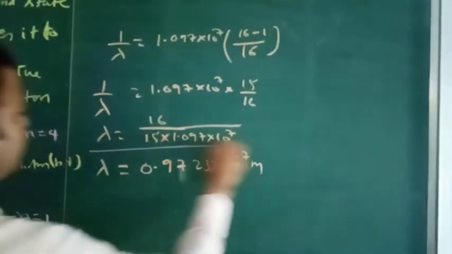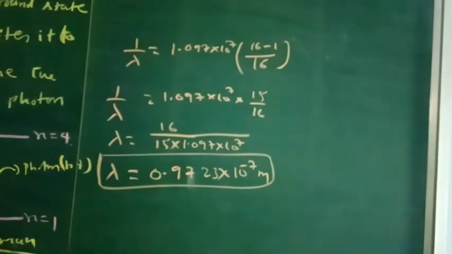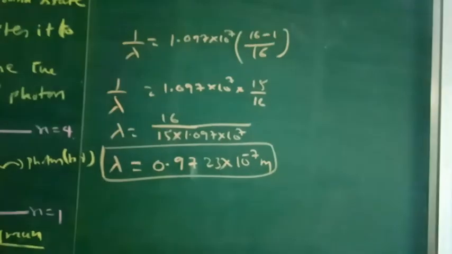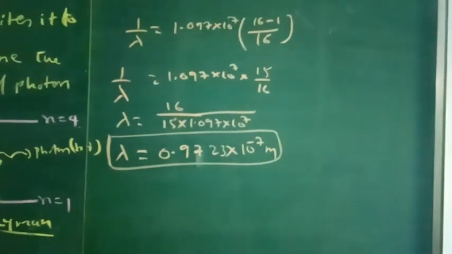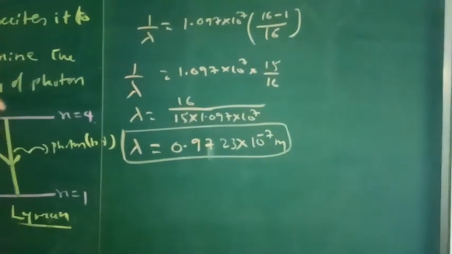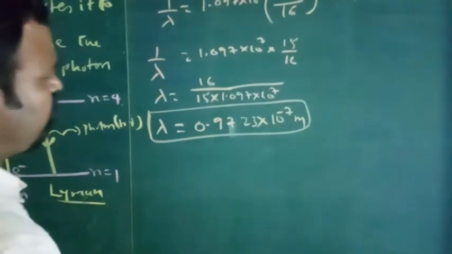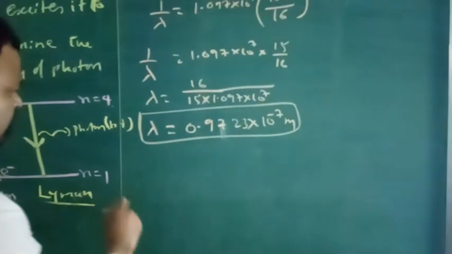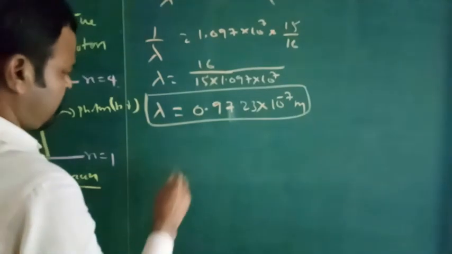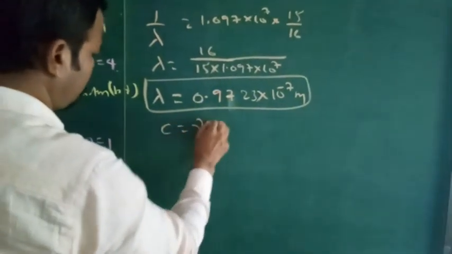This is the wavelength of the photon when it is emitted from an atom during the transition in which an electron jumps from the fourth orbit to the first orbit. Then how much is the frequency? That can be calculated by using the formula C is equal to nu lambda.